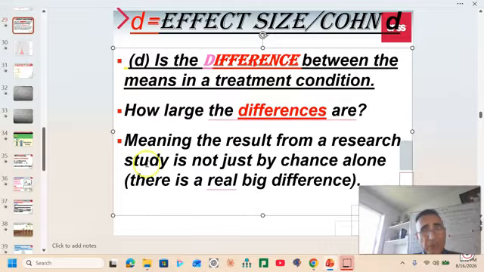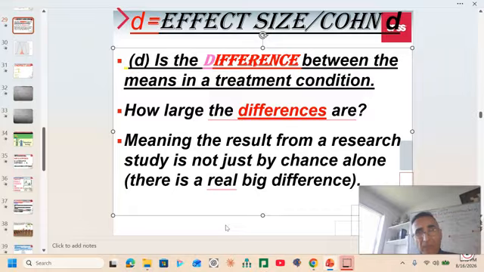In your research, APA wants you to calculate the effect size. Whether you compare two groups, or compare your group with the mean of IQ, the effect size is the difference between the two means.